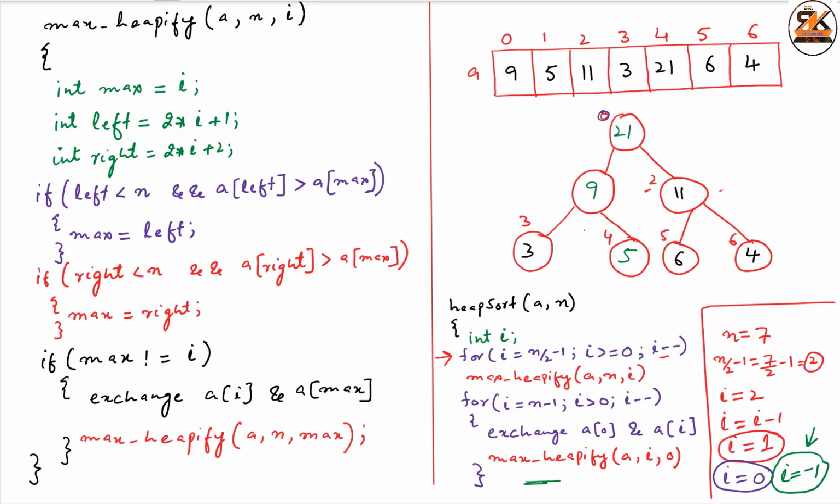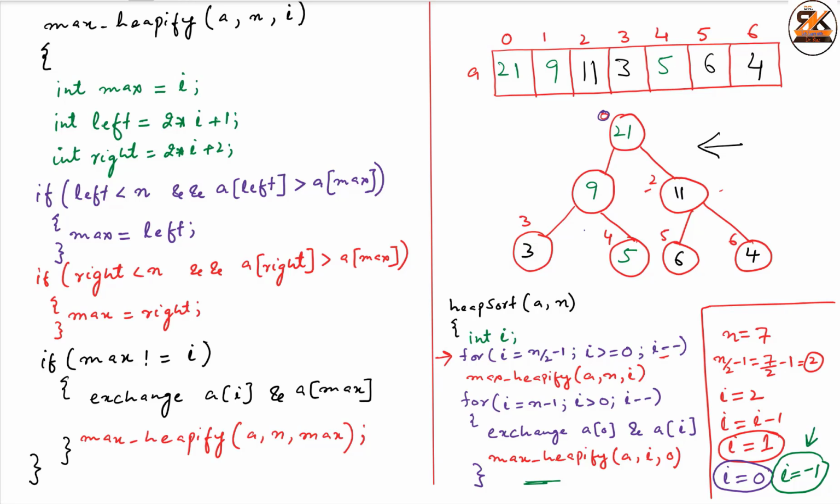Now after building this max heap, the array would be something different, and the new entries would have different values, and the values would be like this: 21, then we will have 9, then 11, and after that 3, then 5, then 6 and 4.